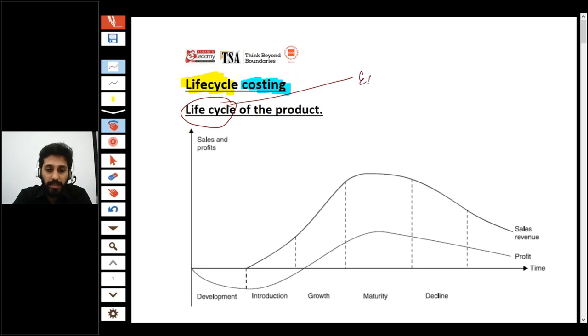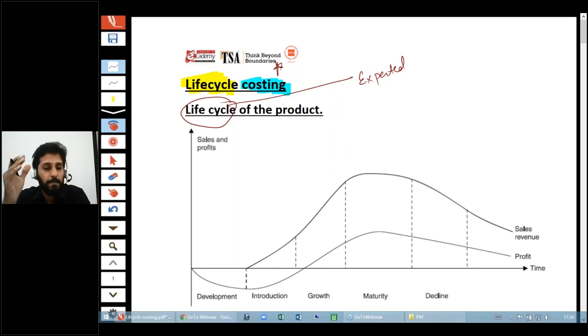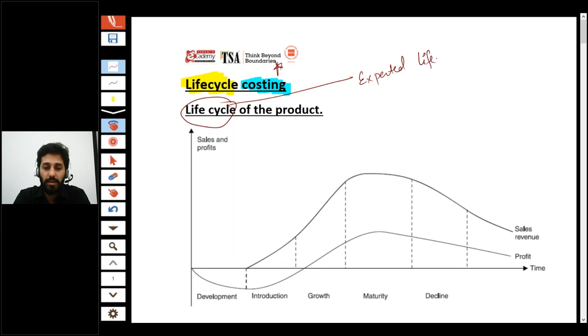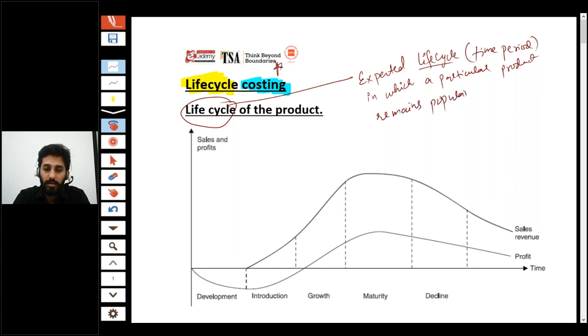Life cycle is basically the expected time period. Remember that you are doing the costing, which means you are making estimations. So this is the expected life cycle, the time period in which a particular product remains popular in the market.